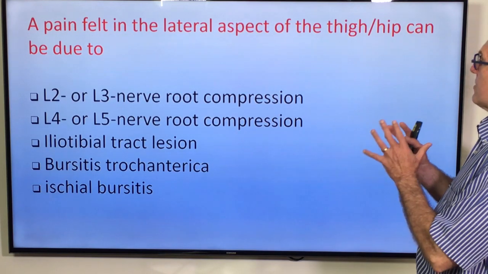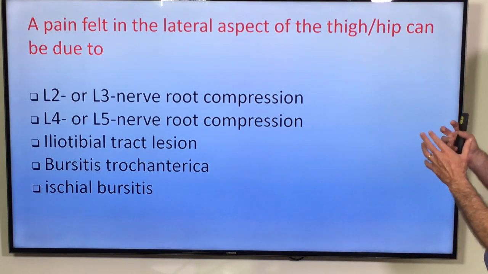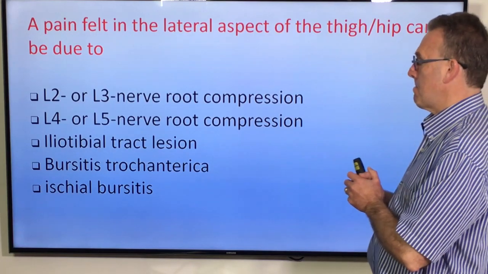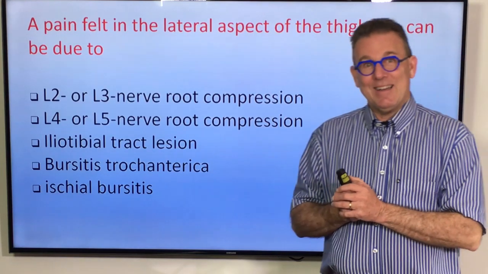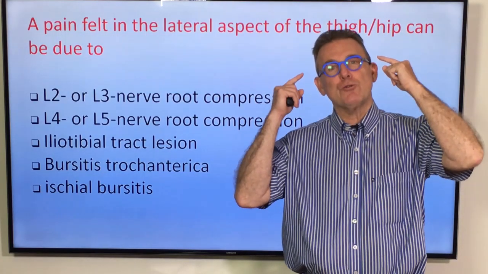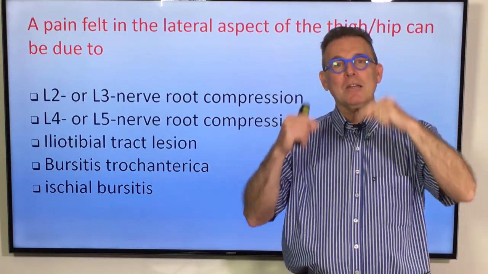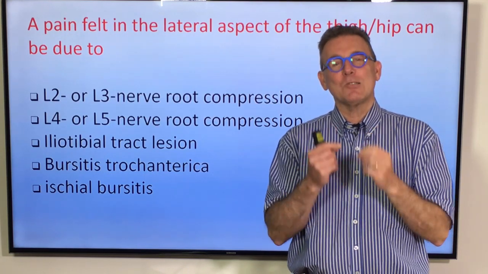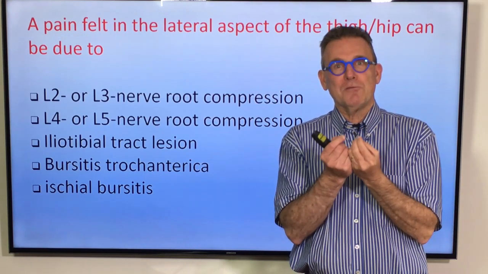A pain felt in the lateral aspect of the thigh or the hip can be caused by which options? Well, here you have to come back to your knowledge of the basics in orthopedic medicine. Remember, we talked intensively about the rules of referred pain.